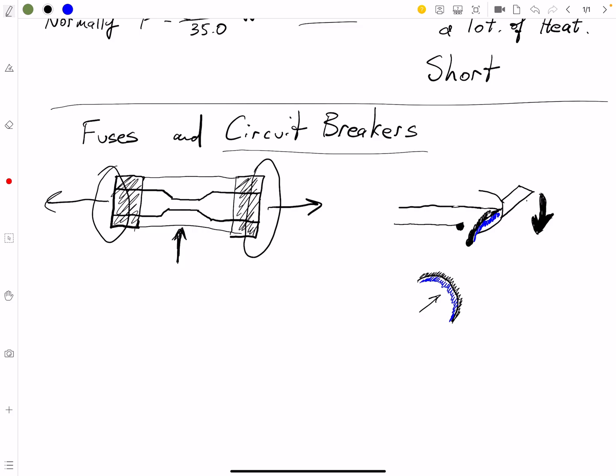Okay, so the metal has known resistivity, length L, blah blah blah.